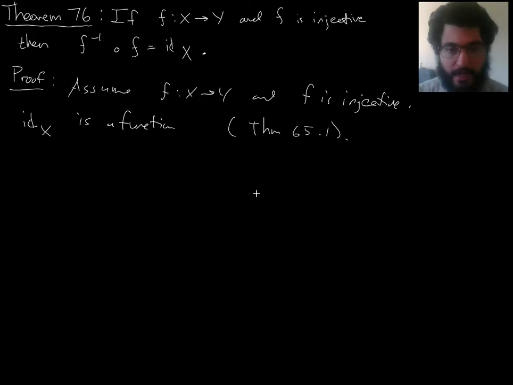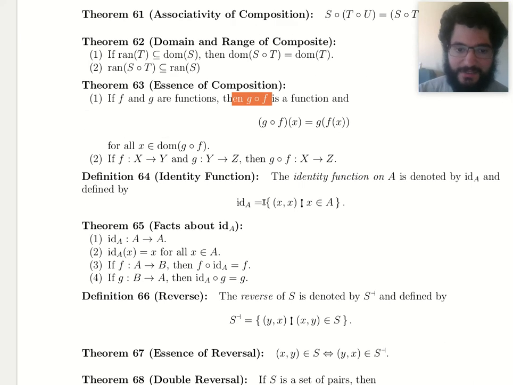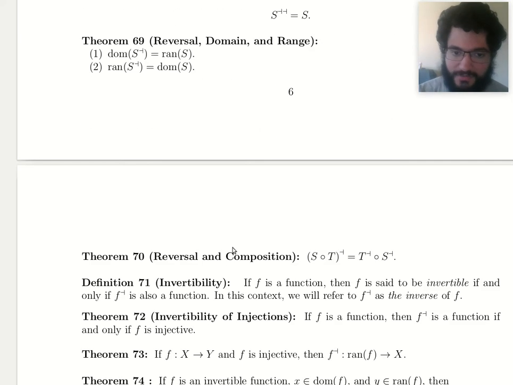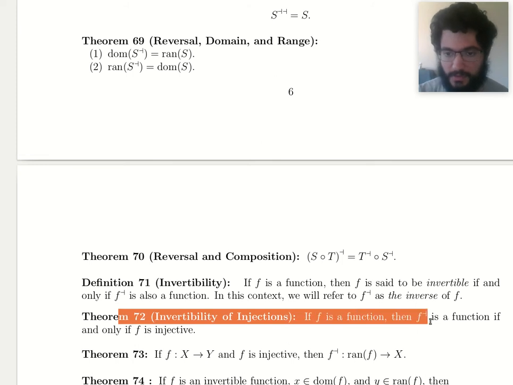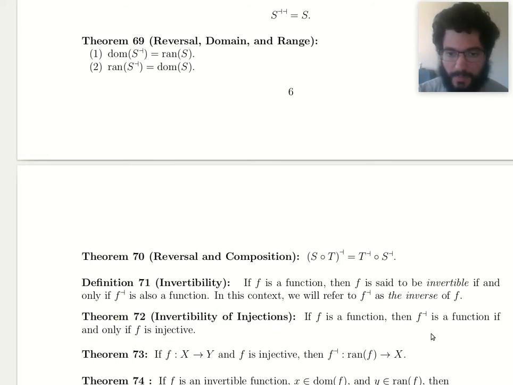That's pretty good. Do I have two functions? I have f. f is a function by assumption. f reverse, is that a function? Well, f is injective. And let's see, does that make f reverse a function? Yes, according to theorem 72. If f is a function, then f reverse being a function is equivalent to f being injective. So this is an if and only if here.